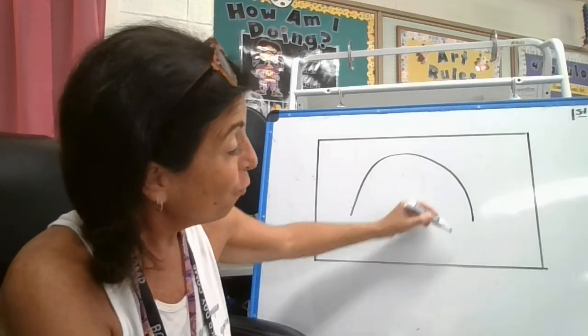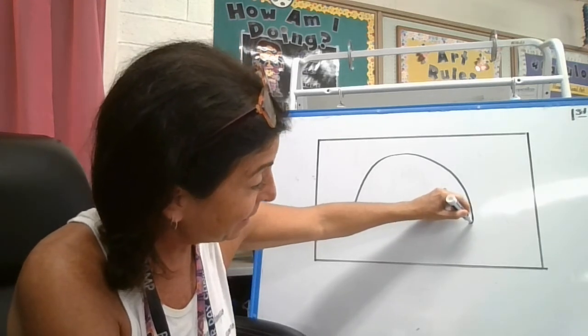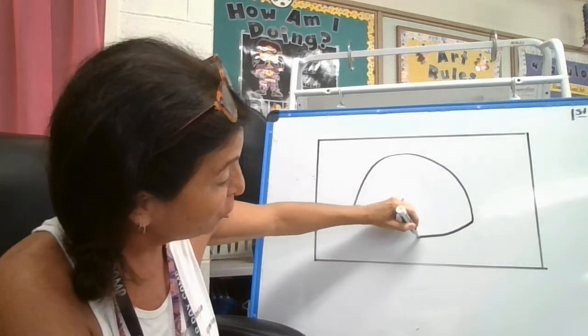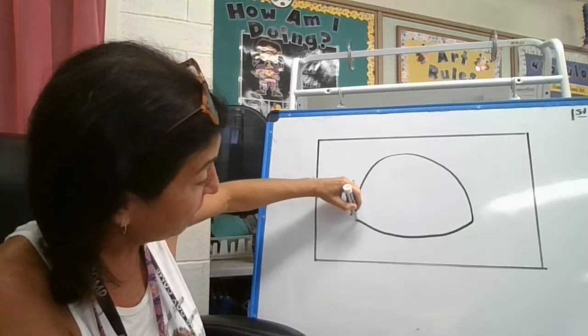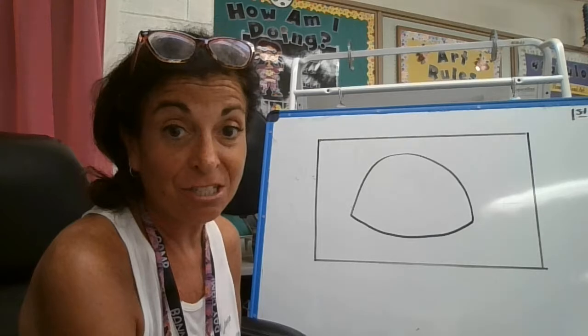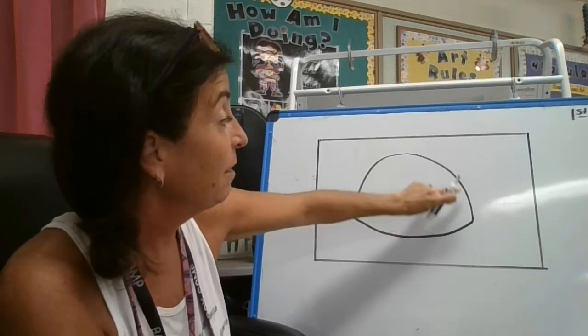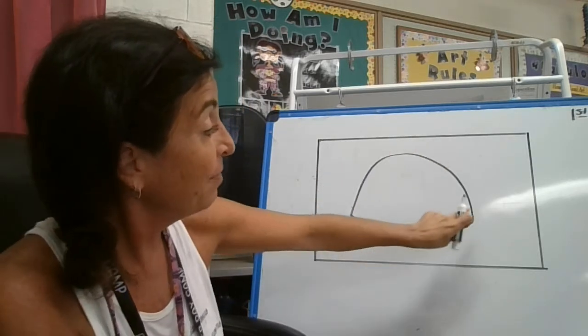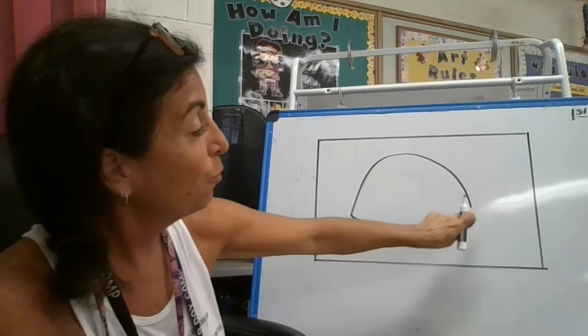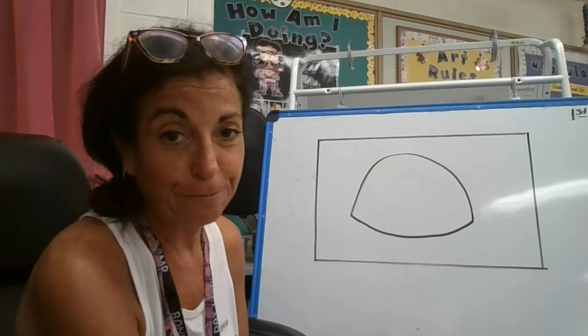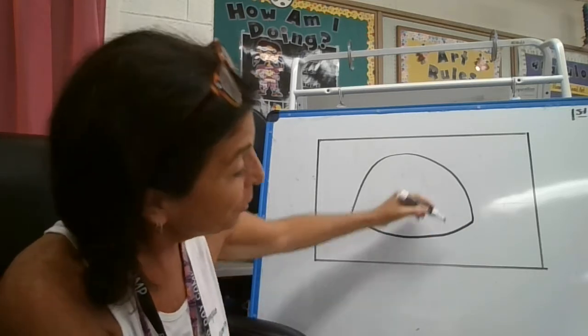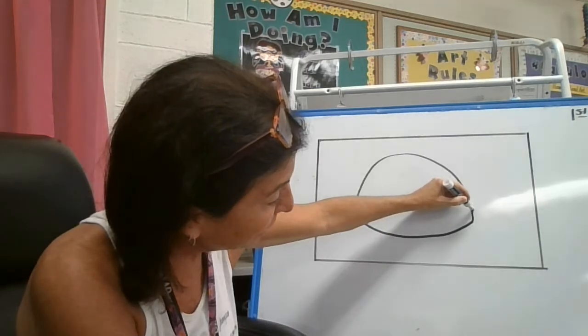From there, we are going to start at one end and kind of attach it with an arched line. Notice we are using lines to create our turtle. We did a curvy line and another curvy line with a just smaller curve. From there, we're going to go up about an inch right here.